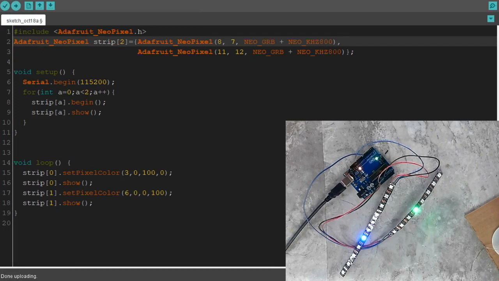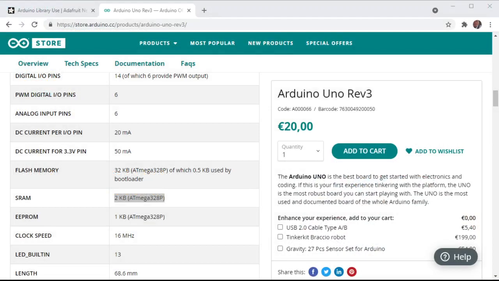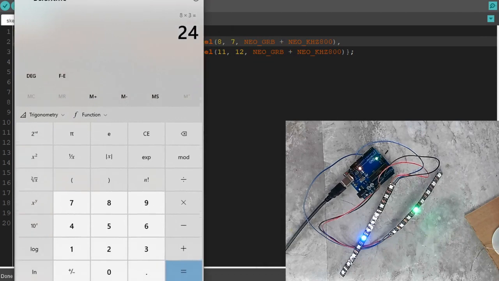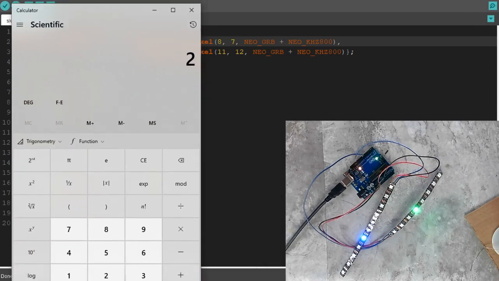Let's take a look at our website here. So we have 2 kilobytes of RAM, right? So that's quite a lot. Kinda. It can go fast. So I'm going to bring my calculator back out here. Let's say I have 2,000 bytes of SRAM divided by 3, 3 bytes per NeoPixel.